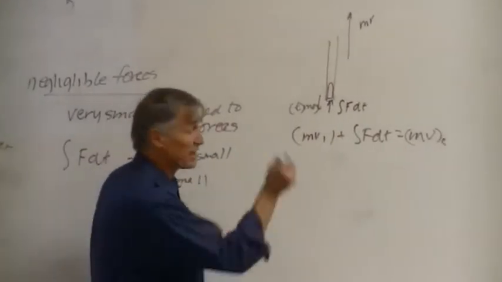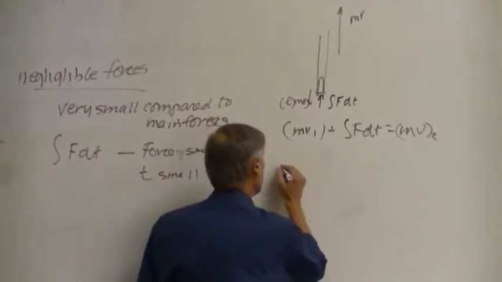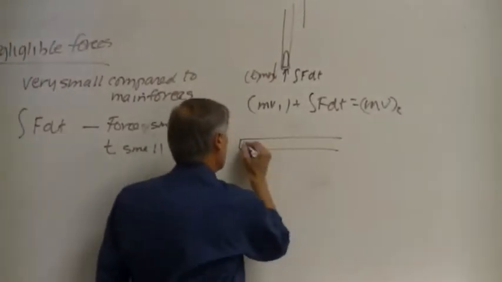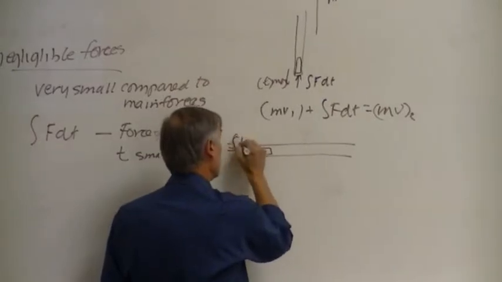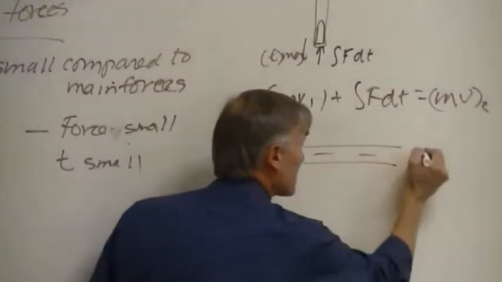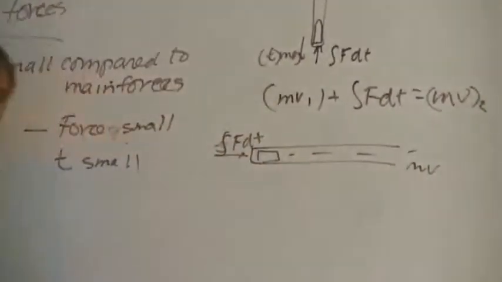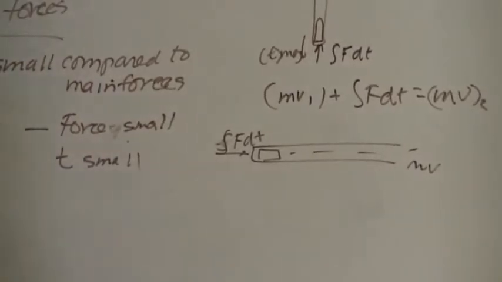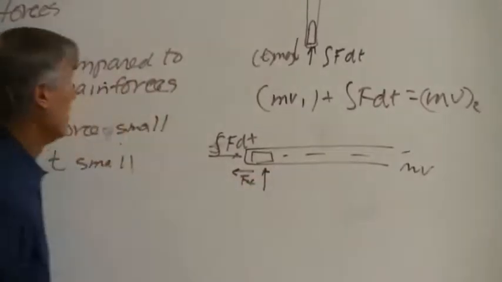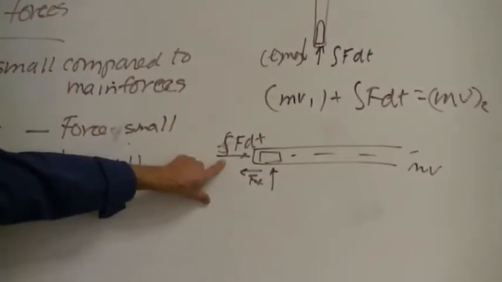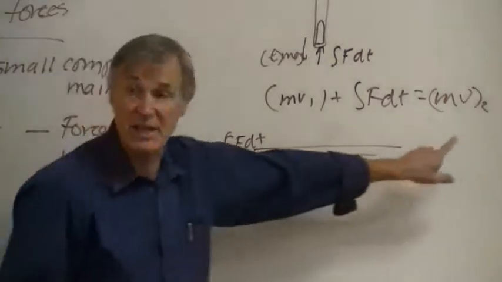Another example would be, say you're firing a bullet going sideways. Let's say you've got some integral of F dt, and you've got some velocity going out. Well, there's also some friction, isn't there? You could have a normal force and a force of friction here. But again, the integral of F dt of the explosion will operate over some period of time as it accelerates out of the barrel.